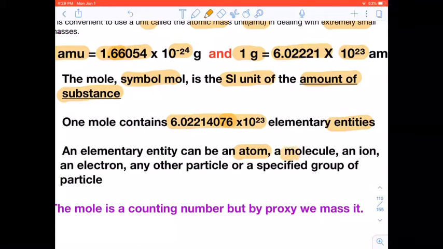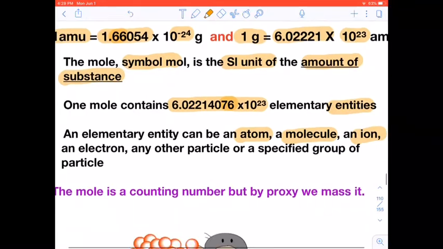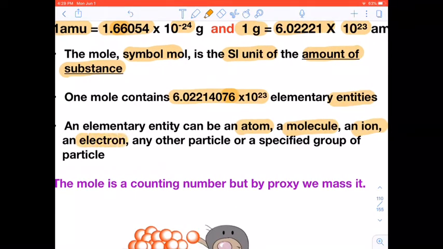If I talk of 1 mole of molecules, then it must be 6.02 times 10 to the 23 molecules. If I talk of an ion, could be sodium ion, potassium ion, chloride ion, 1 mole of an ion is 6.02 times 10 to the 23 ions. And 1 mole of electrons would imply 6.02 times 10 to the 23 electrons. Or any other particle, or a specified group of particles.